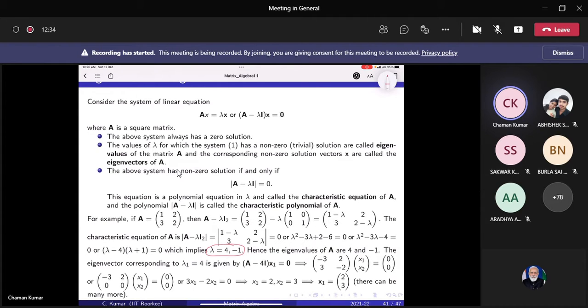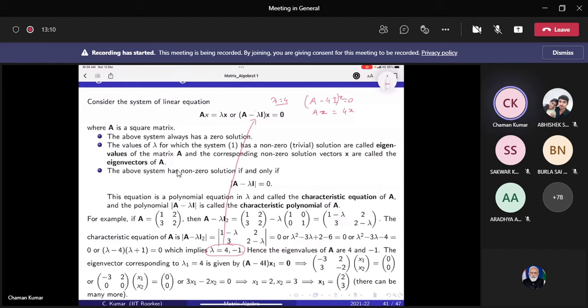Now corresponding to 4, we have to find a solution which is non-zero. So we substitute the value of lambda in this equation. If you put lambda is equal to 4, you have A minus 4I times x is equal to 0. So from here you can say that Ax is equal to 4x.